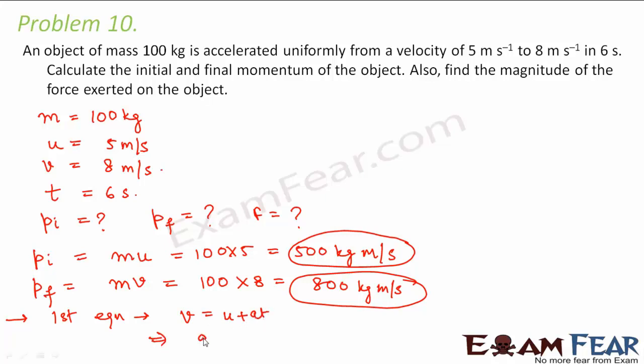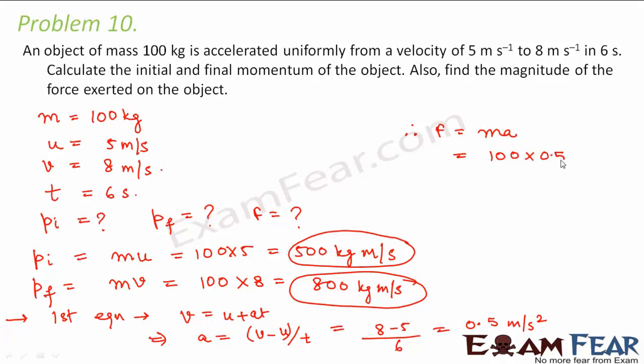So from this we can say A is equal to V minus U divided by T, that is equal to 8 minus 5 divided by 6, which is equal to 0.5 meter per second square. So therefore force is equal to mass into acceleration, which is equal to 100 into 0.5, that is equal to 50 newtons. So this is the magnitude of the force exerted on the object.